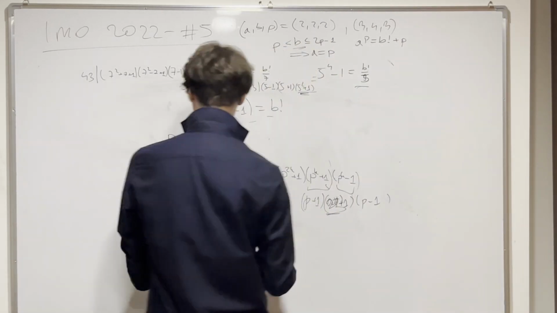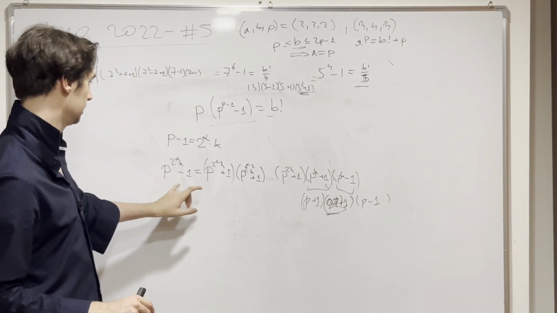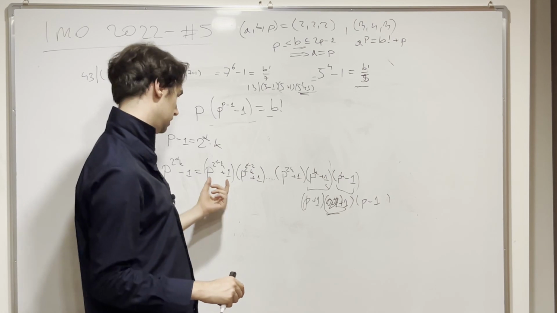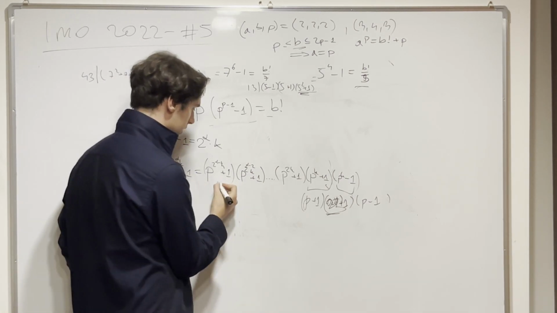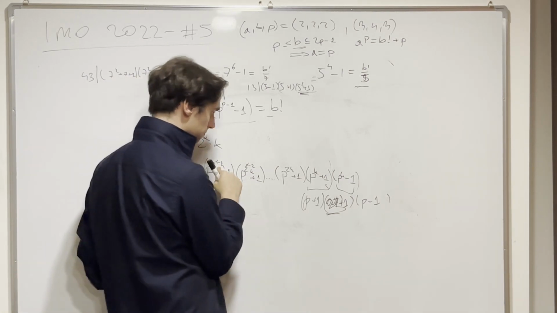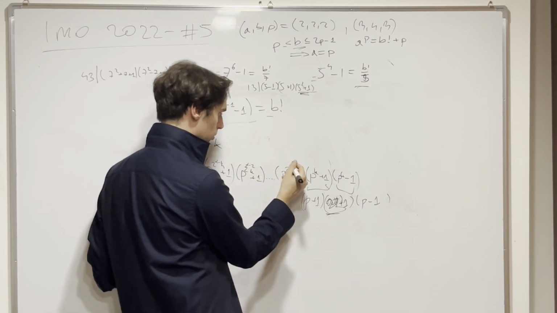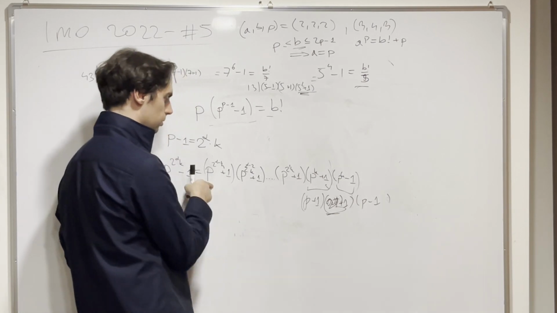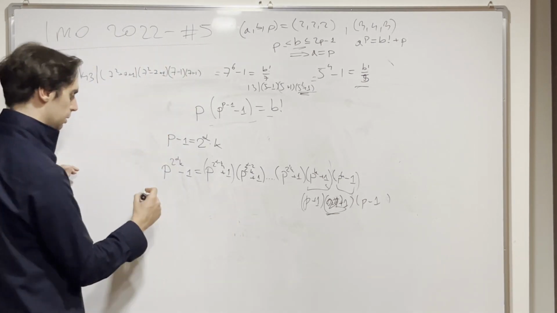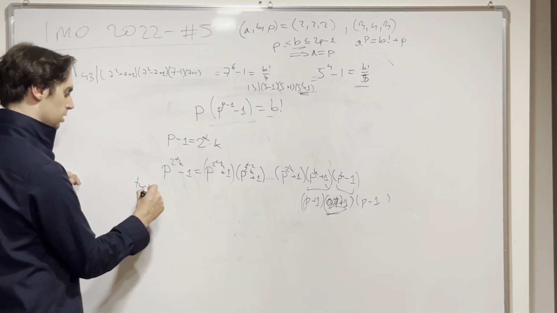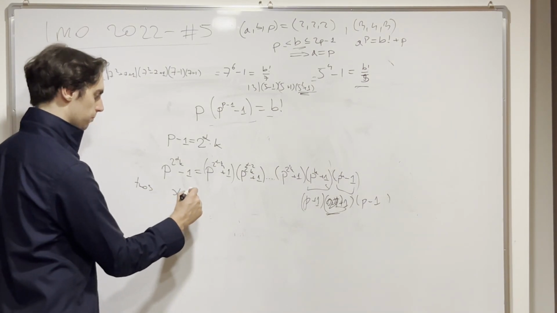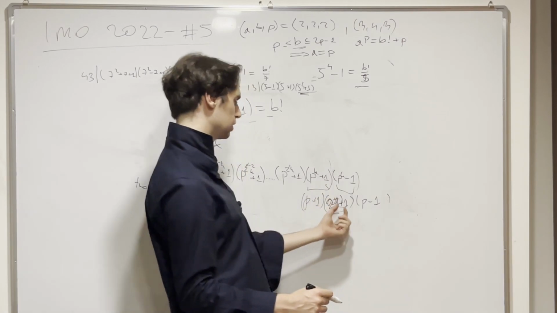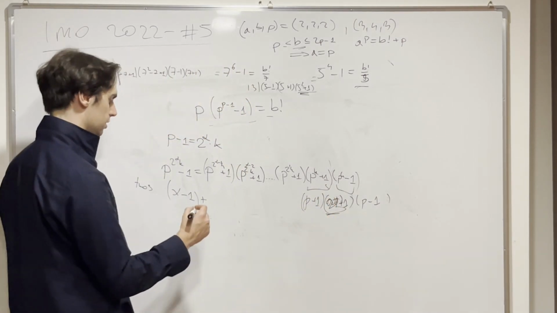So now the amount of 2's that this number over here has is going to be equal to, so this is alpha minus 1, this is 2 to the first, so 1 through alpha minus 1, so the total number of 2's is alpha minus 1, okay, and then plus the number of 2's p plus 1 and p minus 1 have.